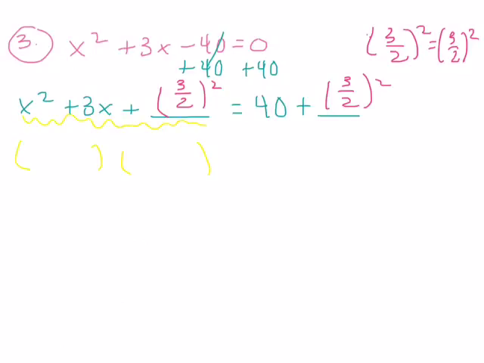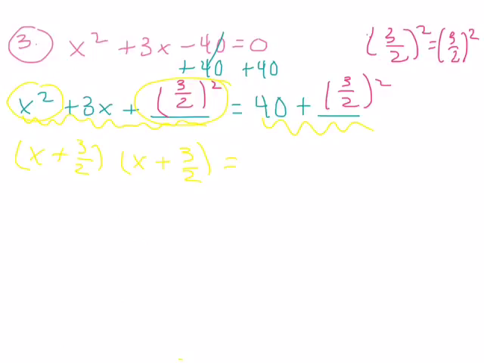Factor that side. We have 2 x's, so each parenthesis gets an x. We have 2 3 over 2s, so each parenthesis gets a 3 over 2. Equal to, clean this side up. Again, just plug it in your calculator.